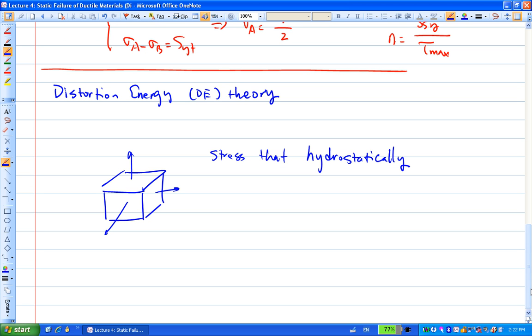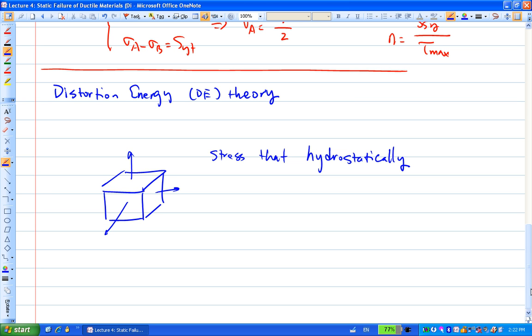This phenomenon causes people to think that maybe the yielding of the material is not just a simple tensile or compressive phenomenon. It's probably more related to the angular distortion of this stress element. That actually makes sense, because when you apply the stress not evenly on each side, you create distortion of these elements.